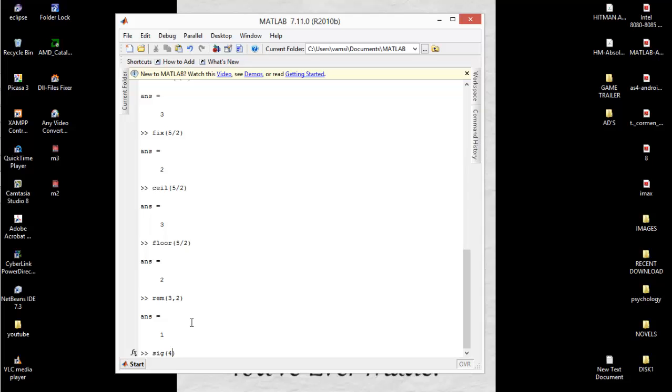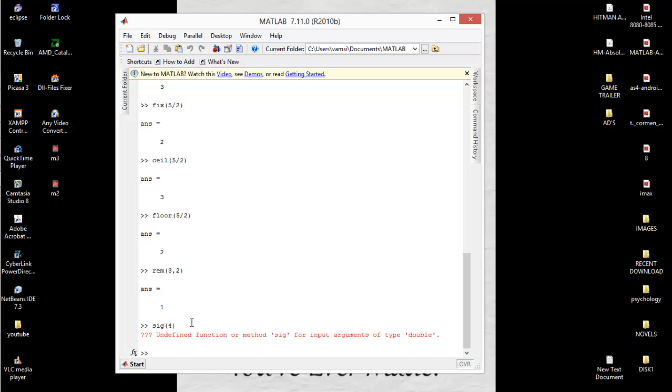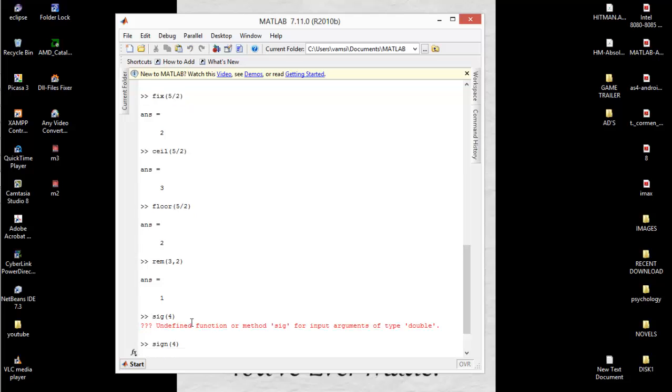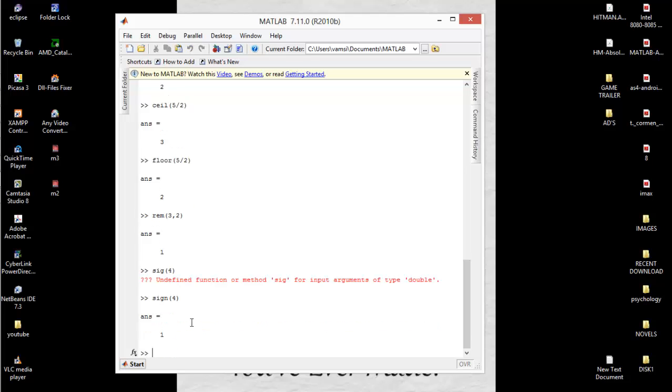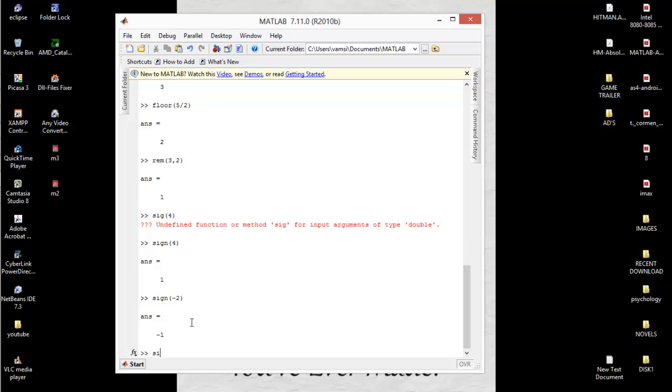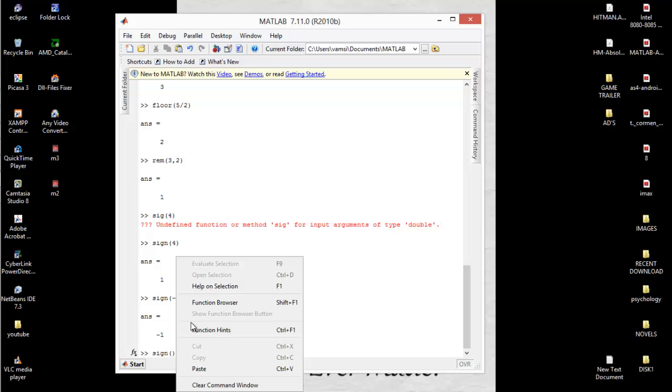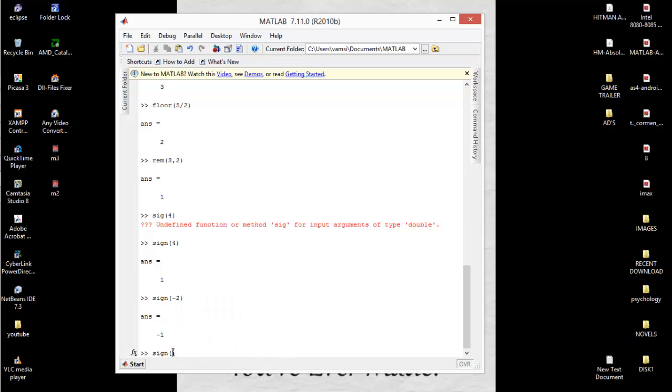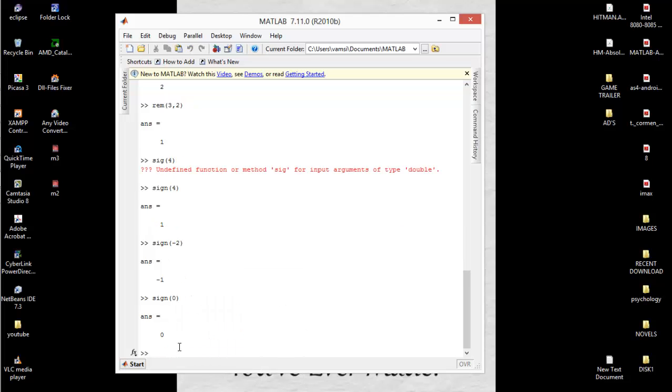Suppose I give 4. Sign of 4 gives 1, because the sign of a positive number is 1. If I give the sign of a negative number like minus 2, it gives me minus 1. If I ask for the sign of 0, it gives me 0. If the number is positive, it gives 1. If the number is negative, it gives minus 1. And if the number is 0, it gives me 0.